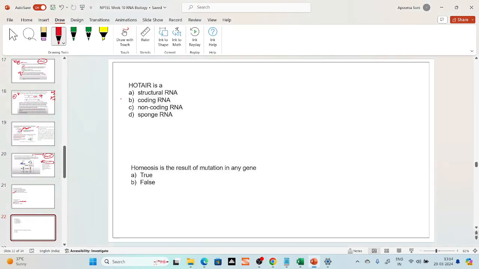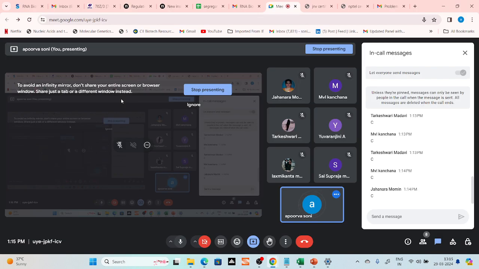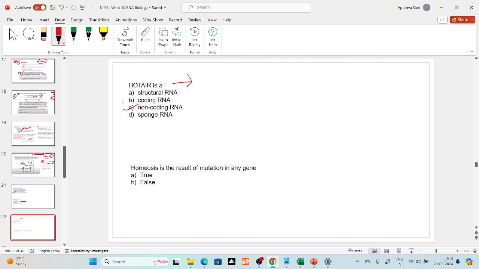Yeah. So HOTAIR is a non-coding RNA. Just now we studied that. So in non-coding RNA, can you be more specific? Which kind of non-coding RNA is HOTAIR? To be more specific, lncRNA. Good. So HOTAIR is a long non-coding RNA.